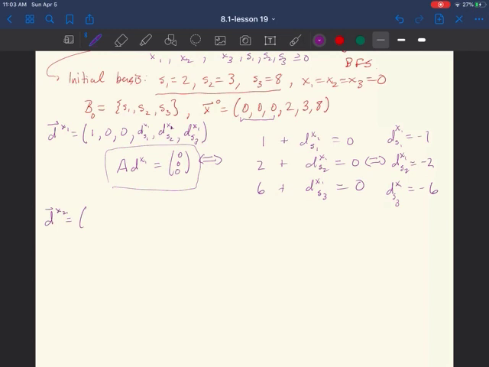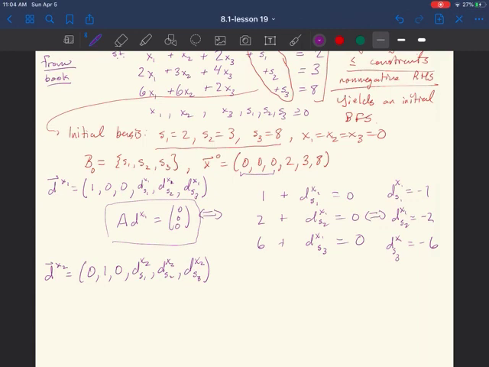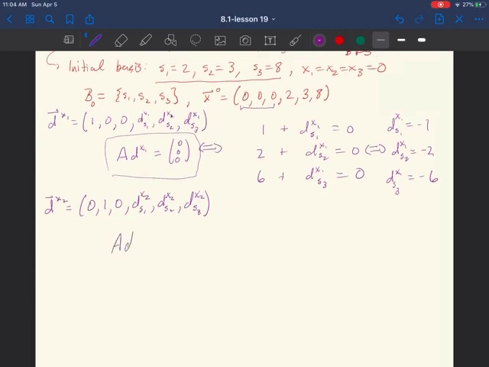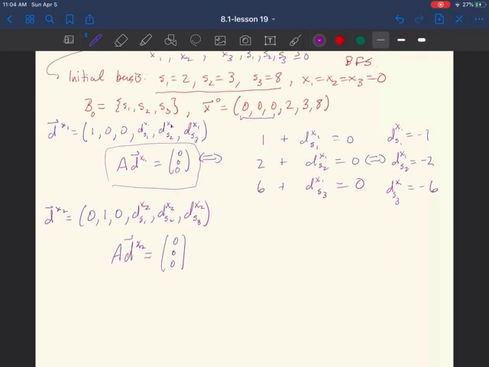Now I have to do the same thing for dx2, except it's 0, 1, 0, dx2 s1, dx2 s2, and dx2 s3. Note that the 1 has now shifted over to the x2 component, because that's this direction. When I do the same calculation, A dx2 has to equal the 0, 0, 0 vector.